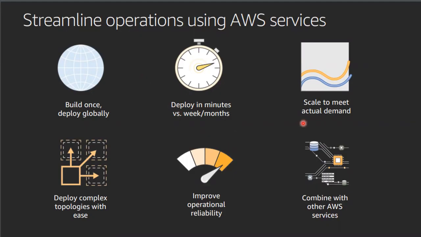Then in terms of performance and operational reliability, you have visibility of what's going on inside your infrastructure. Metrics related to performance are available at your disposal, and you can see what is happening inside your application. You have complete visibility, so you can monitor each and every aspect of your application. Adding to that, you can combine with other AWS services.